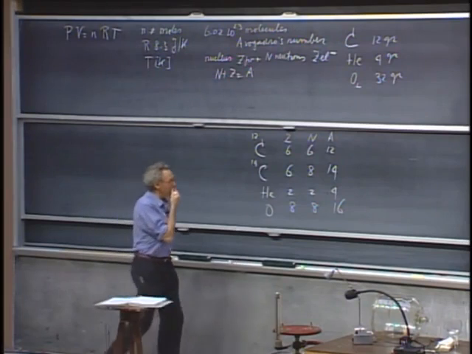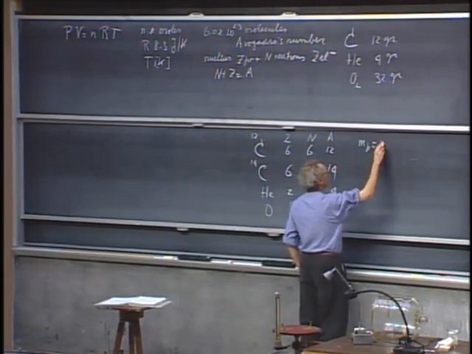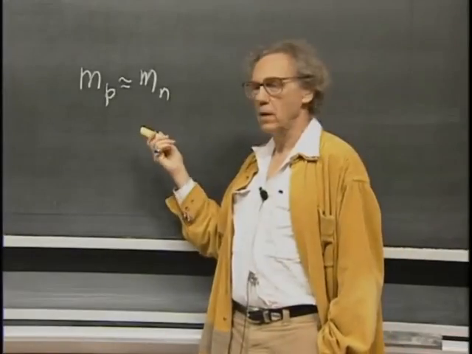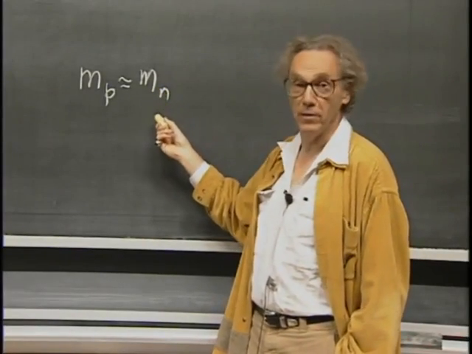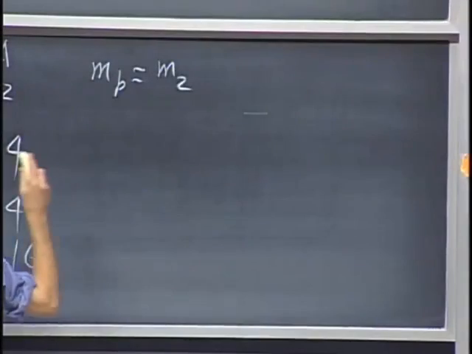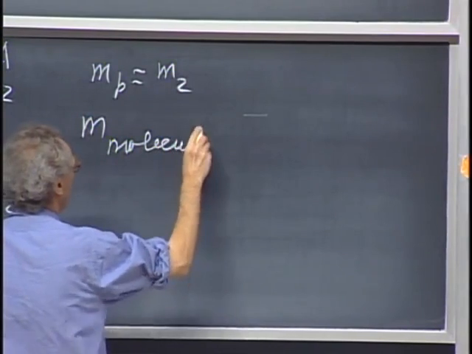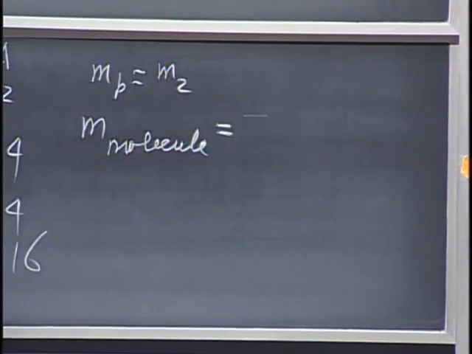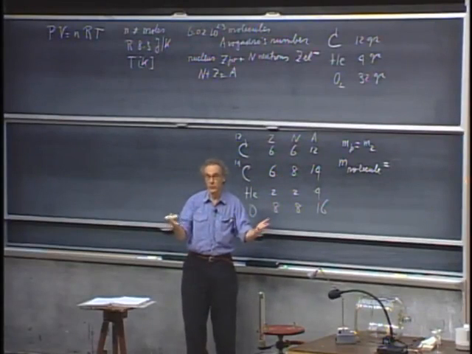The mass of the proton and the mass of the neutron are nearly equal. I wrote down M2 for the mass of the neutron. Of course, that should have been M of n. So the mass of a molecule, or an atom, whatever the case may be, would be this number A, because that's the sum of the protons and neutrons, times the mass of the neutron and the proton.